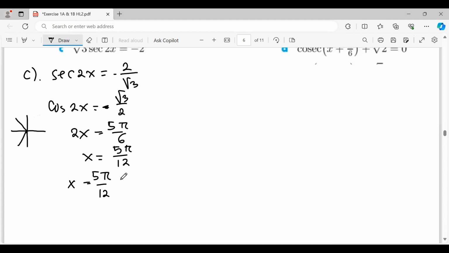So it means x equals 5π/12 plus π/6. It's going to be 7π/12 because this is 2/12. And after that, the next x is 5π/12 plus π, 12 over 12, 17.